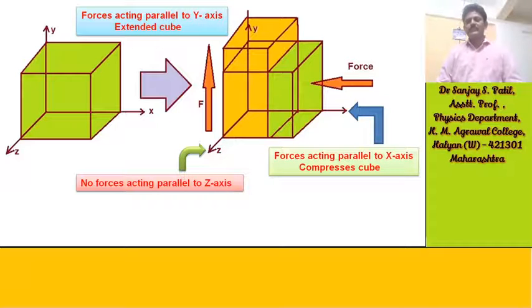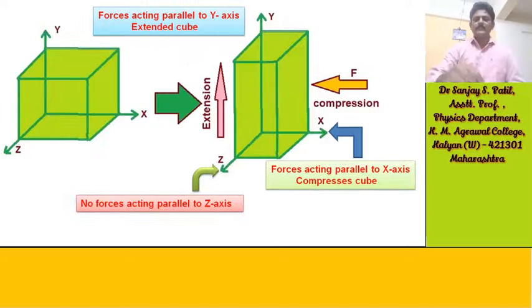So compression along x-axis and extension along y-axis, while there is no change along z-axis. Initially such a type of cube was there. After application of force, compression takes place along x-axis and extension takes place along y-axis.